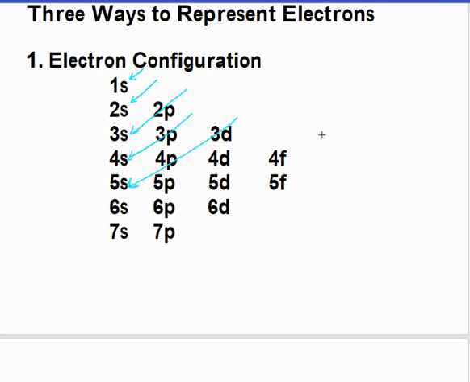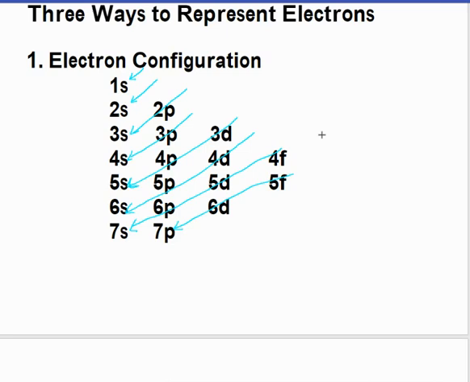So follow the diagonals to fill these up before you move on to the next line. After 5s is 4d, and then 5p. My line got a little squiggly there. Okay, so it goes 4d, 5p, then 6s, and you can see the next line would be 4f, 5d, 6p, 7s, and then 5f fills up, followed by 6d, and 7p is where our periodic table ends.